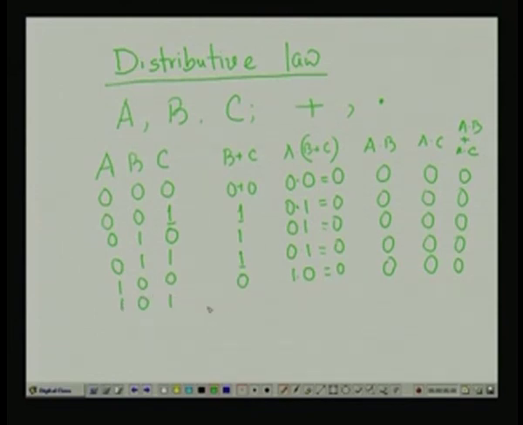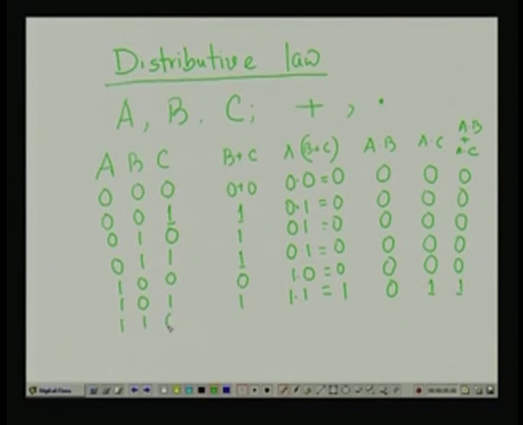Now, we do 1, 0, 1. So, B plus C is 1. Now, A dot B plus C becomes 1. Now, A dot B, 1 dot 0, means this is 0, but A dot C is 1. So, this becomes 0 plus 1, 1.